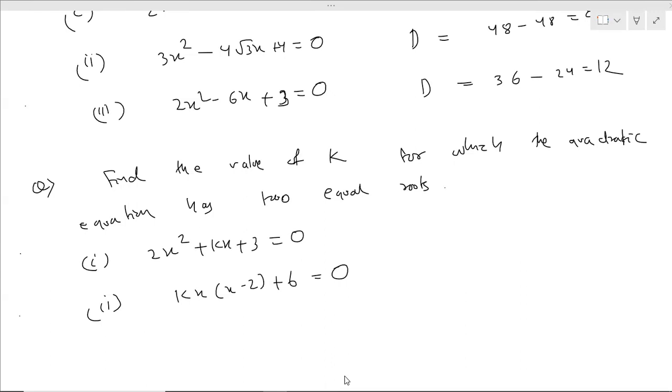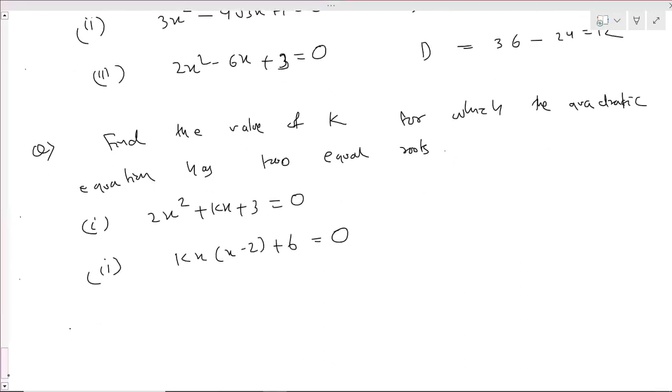Then this one is positive root 24 and negative root 24. All right. In the first one, we need equal roots. That means the discriminant should be equal to 0. So b square minus 4ac equals 0. Right.